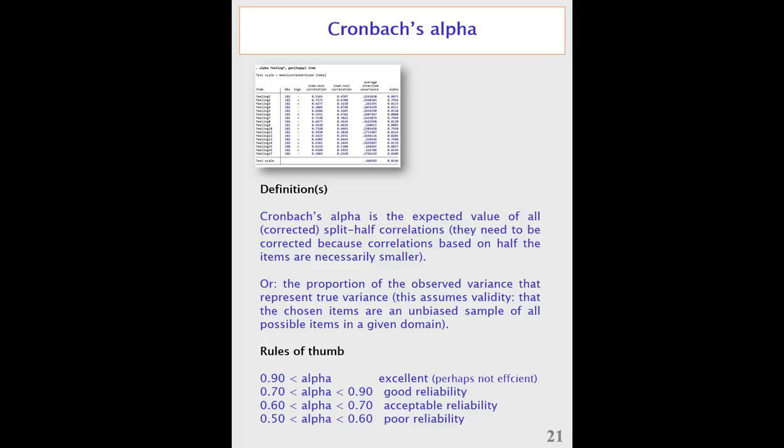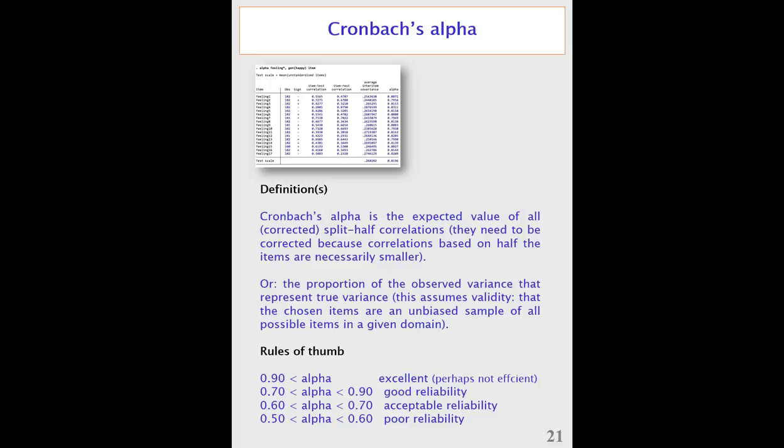So what we want here is, well, 0.5 to 0.6 is really not what you would like to have, and it would be considered poor. And even below 0.5 is so bad that you do not even want to create a scale score. I would even say that anything below 0.6 is not good enough. Acceptable starts from 0.60. Good is from 0.70 to 0.90.